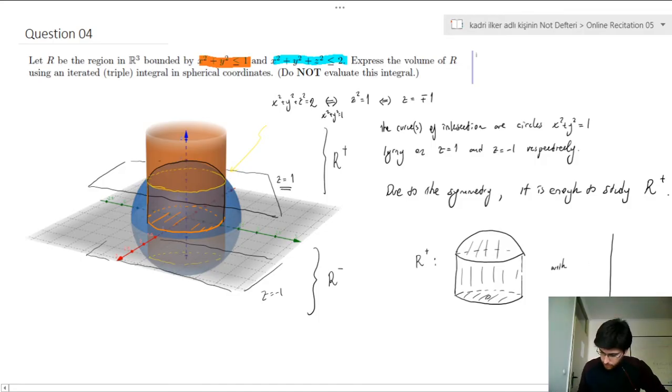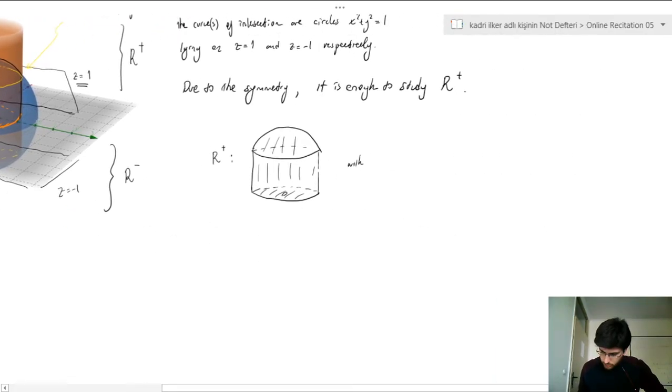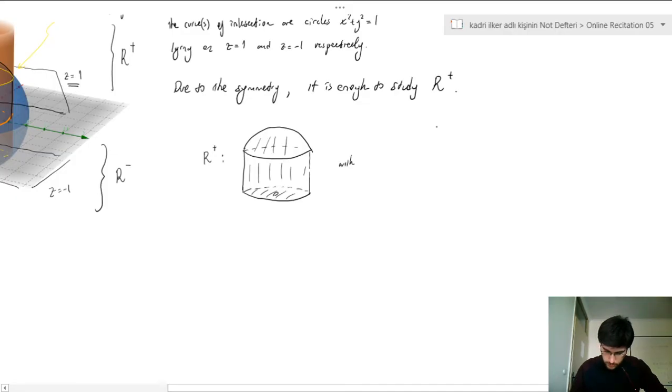So the base region is just a disk, the unit disk.